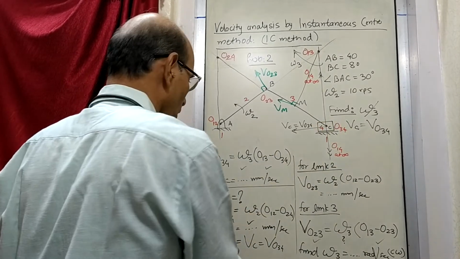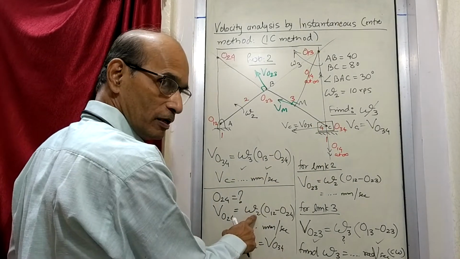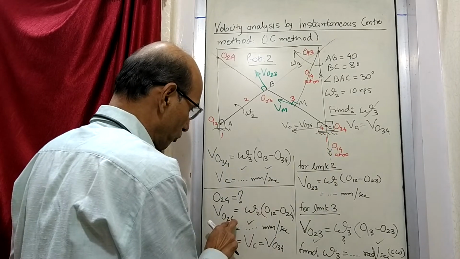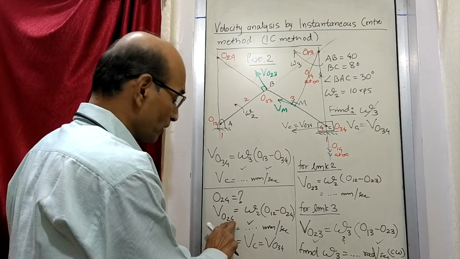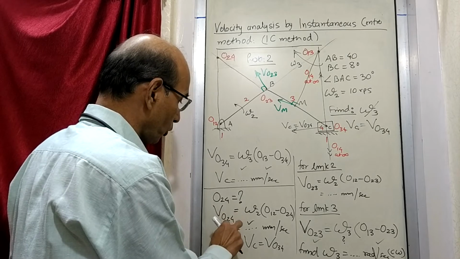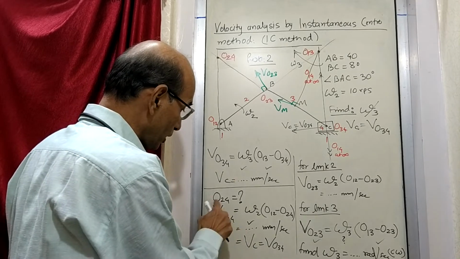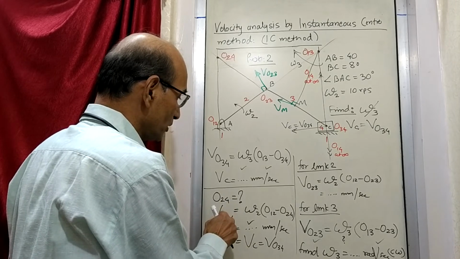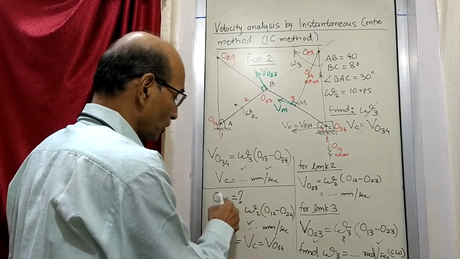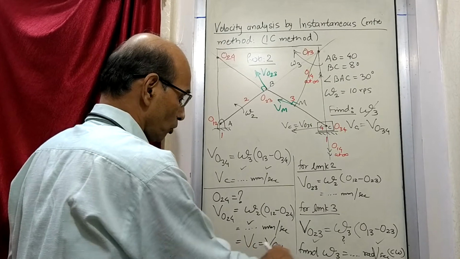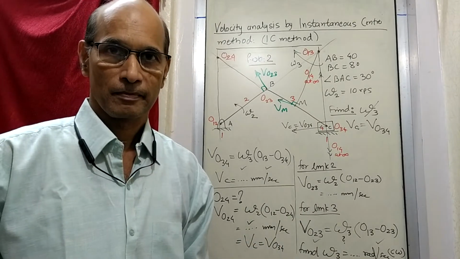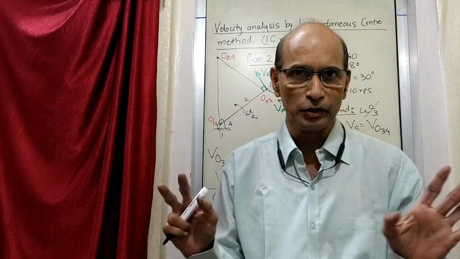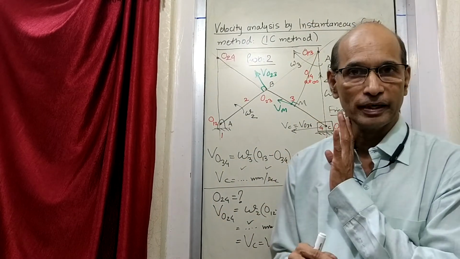So 2 is the number of a link whose angular velocity is given, 4 is the number of a slider. So if you make a combination of 2, 4 and find out this point O24 and try to find out the velocity of O24, then that velocity is same whether you are calling it on 2 or on link number 4, and you got the answer by just this much. Very straightforward, very simple, nothing new. Whatever we have done, same thing we are doing here.